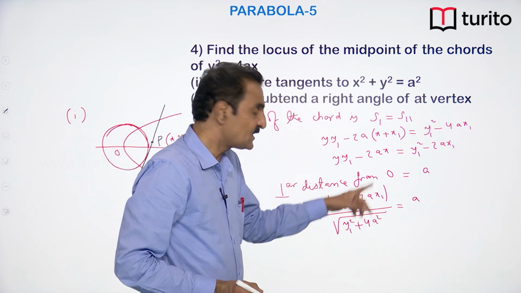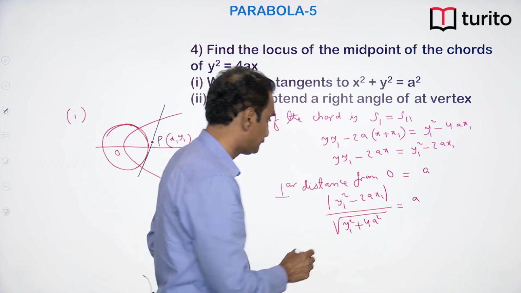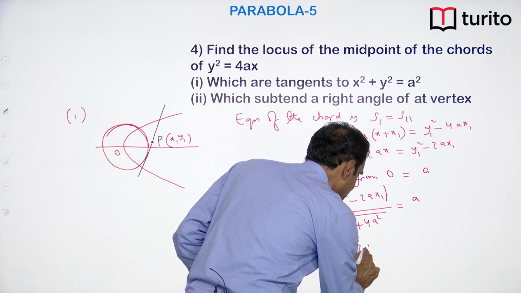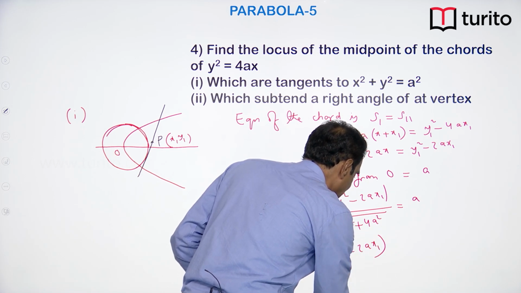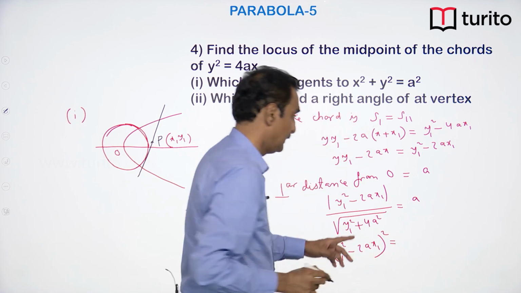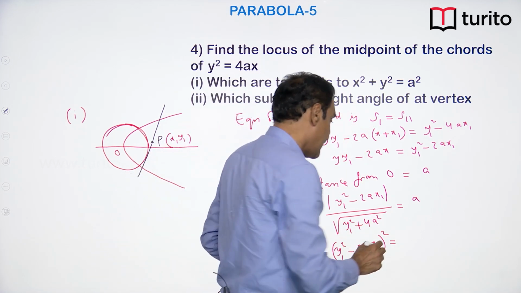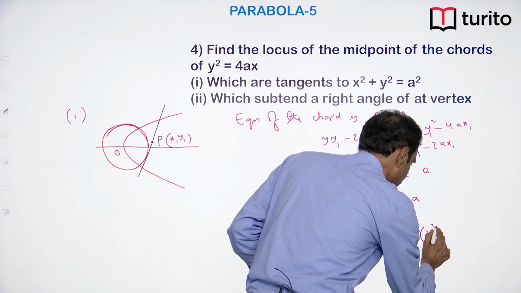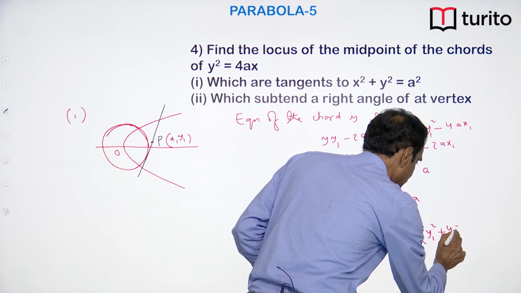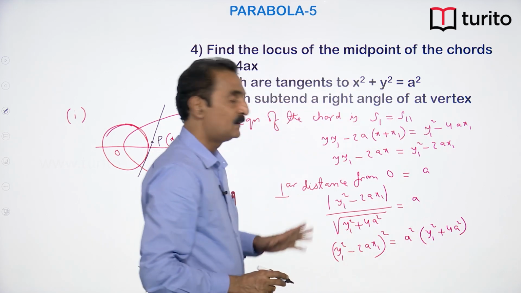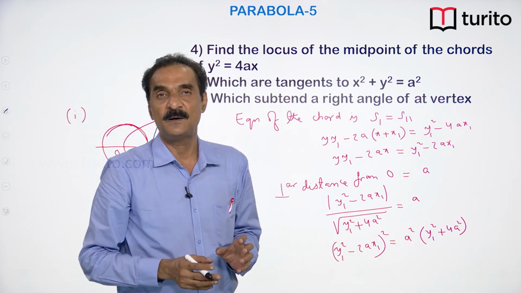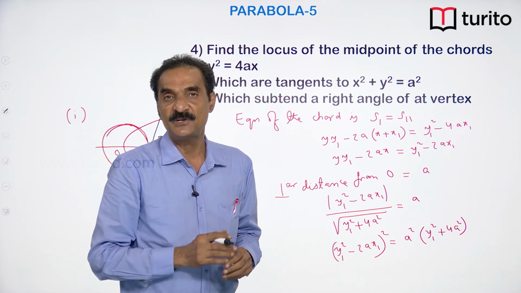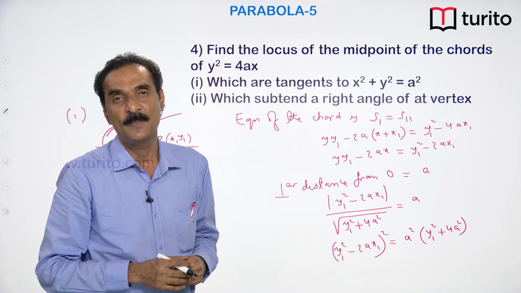Now cross multiplying and squaring, y1 square minus 2ax1 whole square equals a square into y1 square plus 4a square. We got the relation between the coordinates of P. After getting the condition on x1 and y1, what will you do?